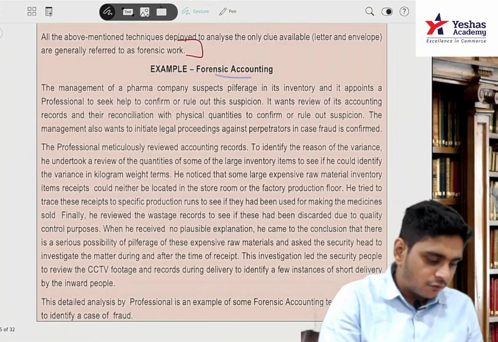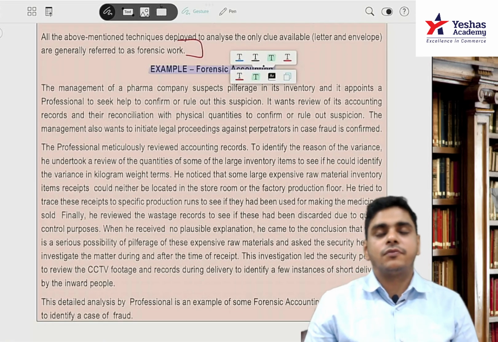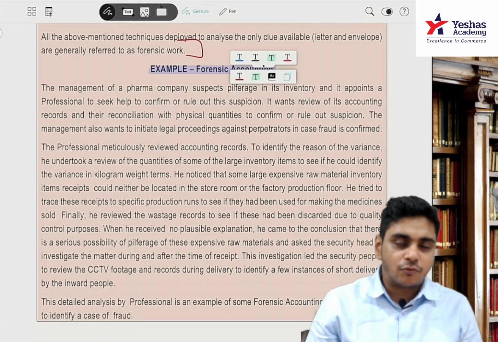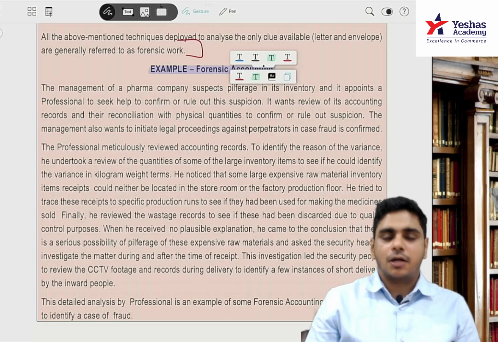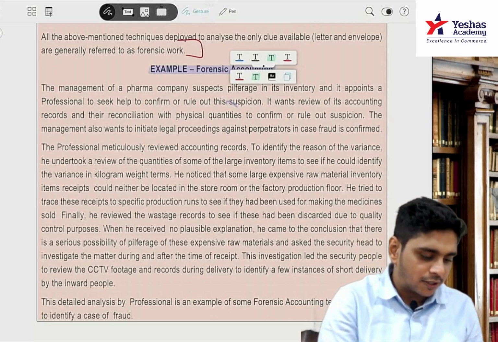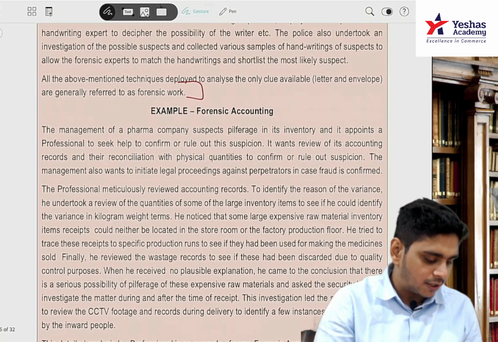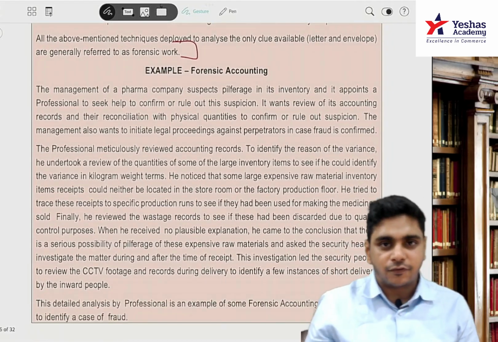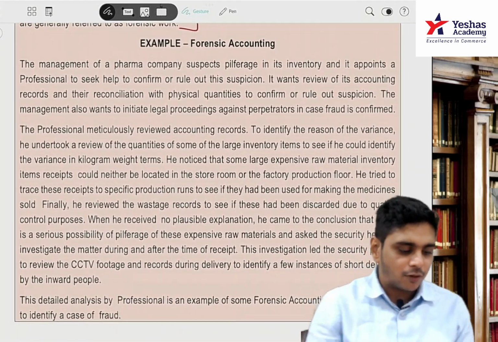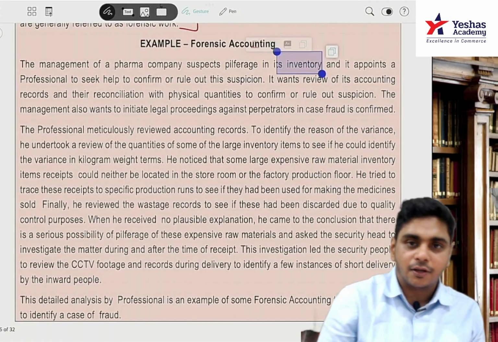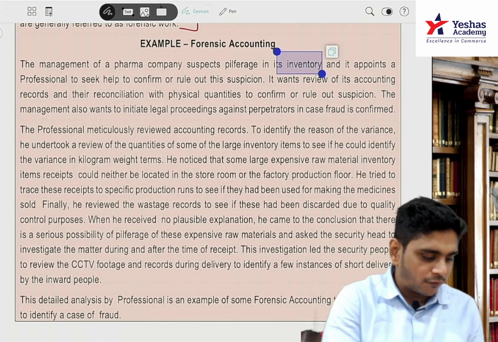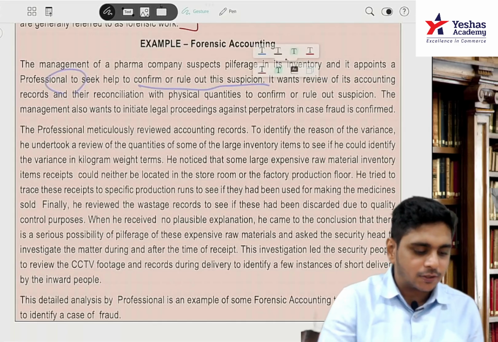Now what is forensic accounting? When a fraud happens and you check financial books, financial records, financial accounting books or concepts, it is called forensic accounting. The management of a pharma company suspected pilferage in the inventory, and it appointed a professional to confirm or rule out the suspicion.